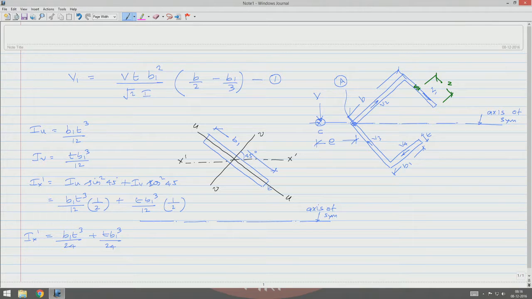But I want to find the moment of inertia about this axis. So, Ix using the parallel axis theorem will be Ix dash plus A K square, which is B1 T cube by 24 plus T B1 cube by 24 plus B1 into T, which is the area, and K is actually the centroidal distance of this from here.